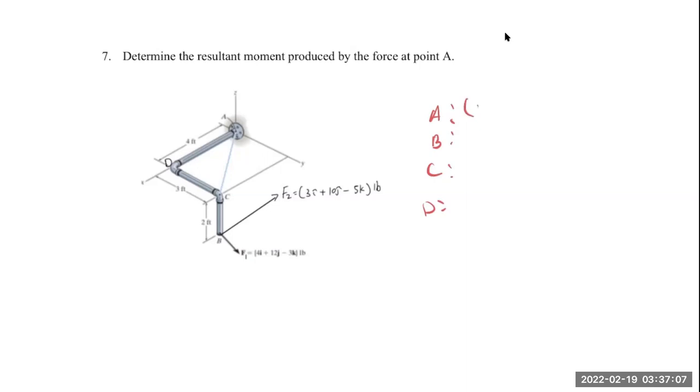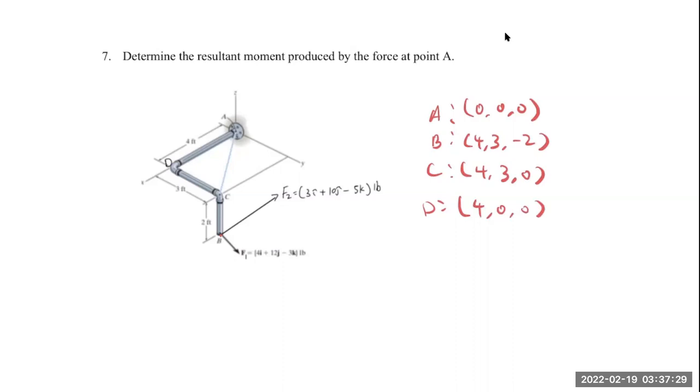For A, I know that's at the origin, so it's all 0. B is down here, so it's 4 in the X, 2 in the Y, and then 2 in the Z. C, that's 4 in the X, 2 in the Y, and 0 in the Z. D, that's 4 in the X, and 0 in both Y and Z.